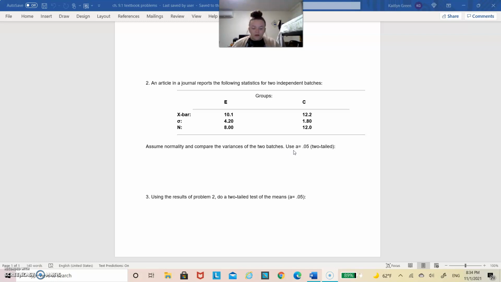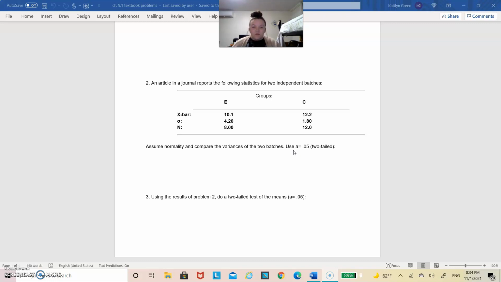Now that we know that, we have to find the F critical. We know that 7, which is the degrees of freedom for the E group of 8 minus 1, is going to be in the numerator, and then 11, which is the degrees of freedom for C, is going to be in the denominator.